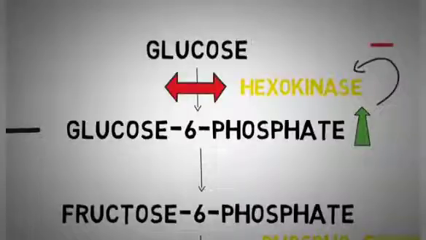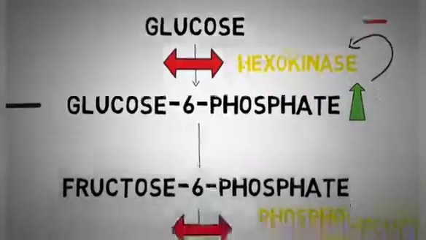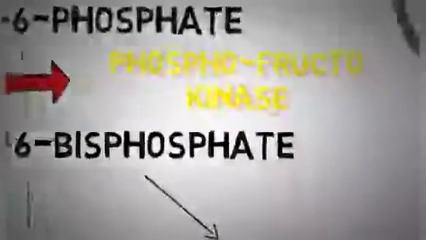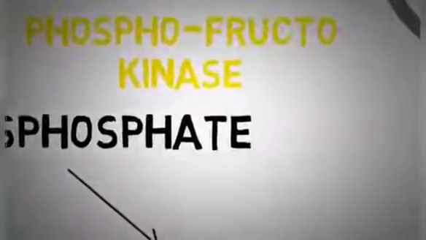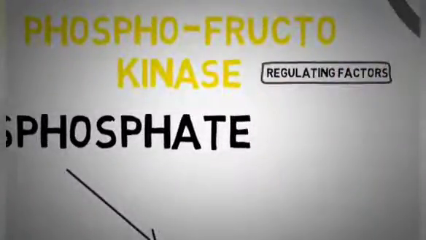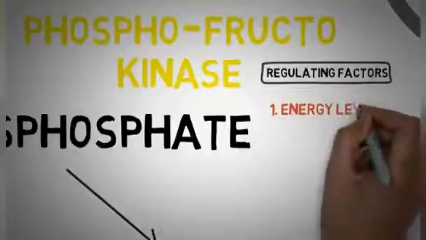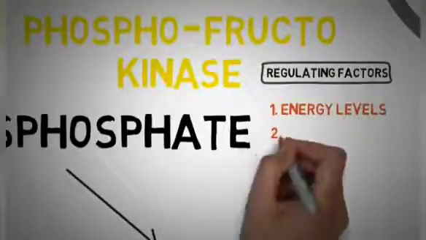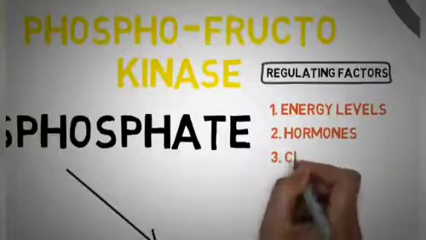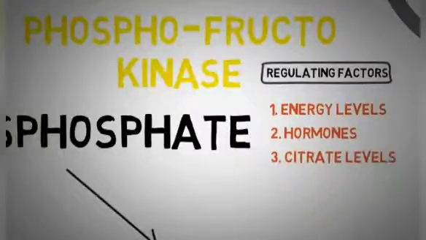The next point is here, the conversion of fructose 6-phosphate to fructose 1,6-bisphosphate, and the enzyme acting here is phosphofructokinase. Now phosphofructokinase is mainly regulated by 3 important factors: the energy content of the cell, the hormones insulin and glucagon, and the levels of citrate in the cell.